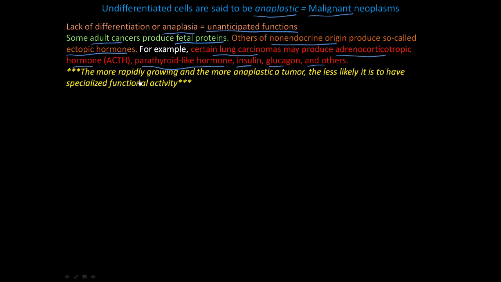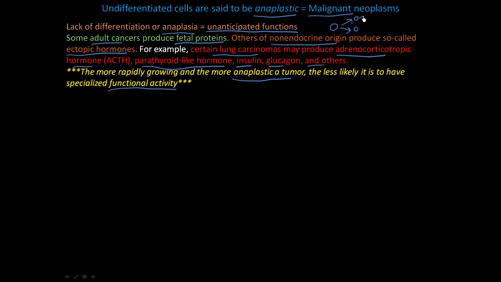So the more rapidly growing and the more anaplastic a tumor, the less likely it is to have specialized functional activity. So if a cell here divides and is producing more cancer cells, and we'll talk about this with the rate of growth, the faster this process happens, these cells don't have time to differentiate.